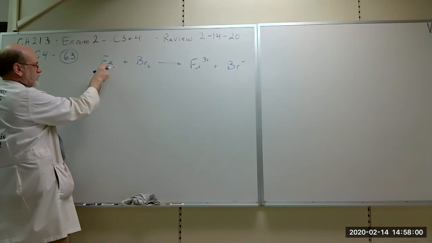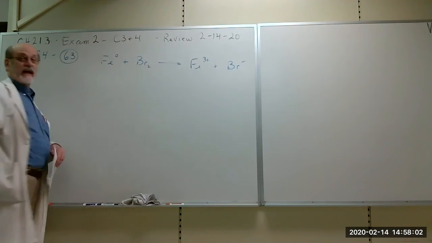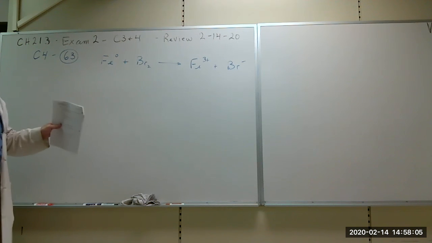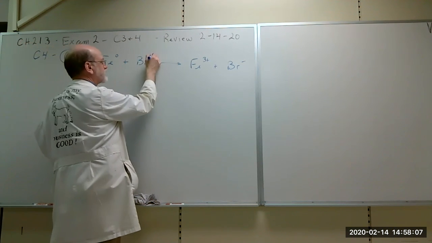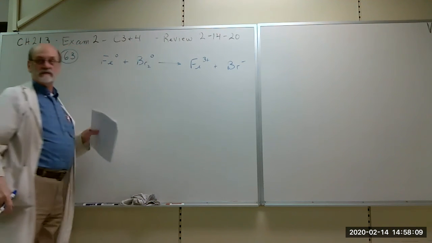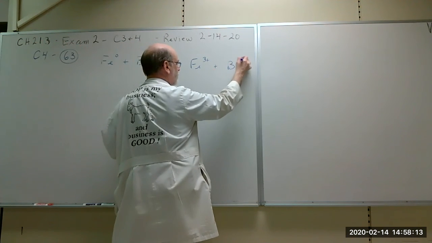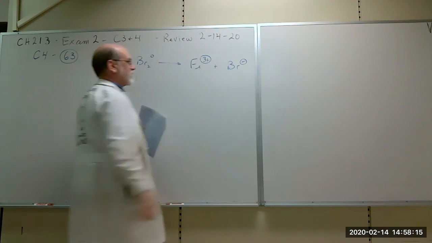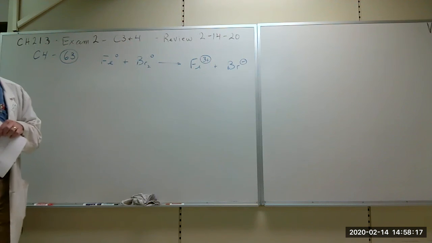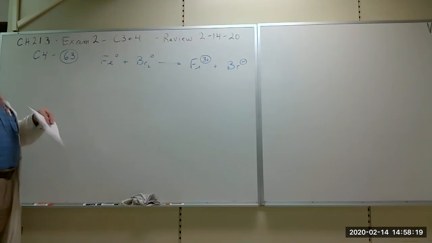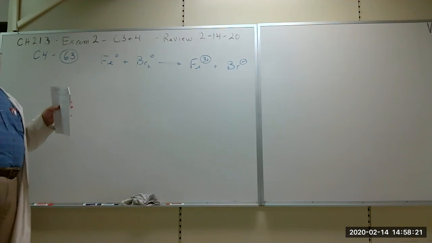Oxidation state on this one. It's an element. It's 0. Oxidation state on this one. It's an element. 0. Oxidation state on these two. That one's -1. That one's 3+. So now, where do the electrons go?